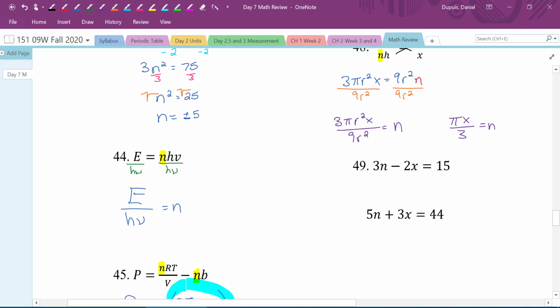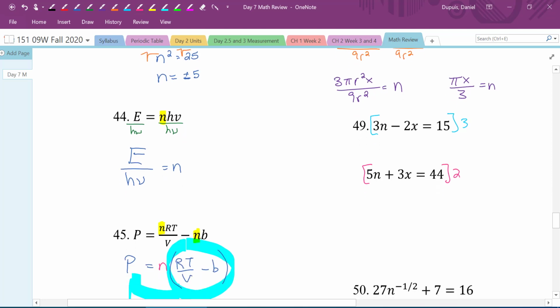We have elimination here. Okay, I gotta get something to cancel. I can get the x's to cancel. Right? I don't want x. I want to solve for n. So if I take the top expression and multiply that by 3, and the bottom expression and multiply that by 2, right?